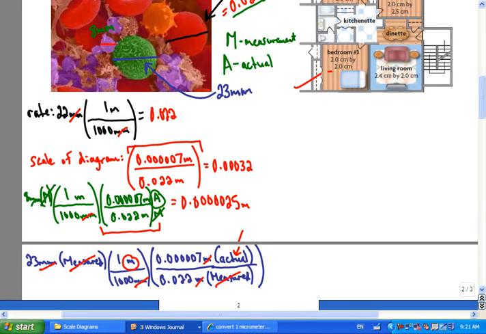If I did it the other way around, it would be in the wrong units because actual would have been on the bottom. And I would have not everything would have canceled out properly. Okay, so this would be if I plugged it into the calculator. I'm pretty close to the red blood cell. So 732 meters, or 7.32 micrometers.